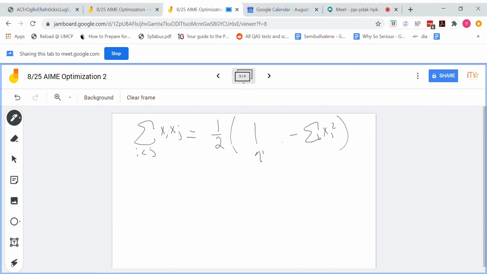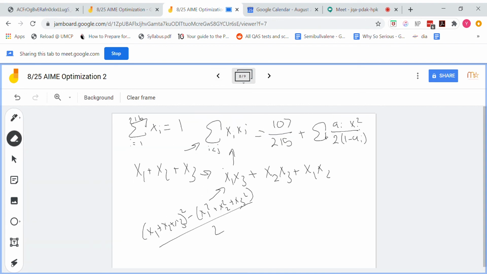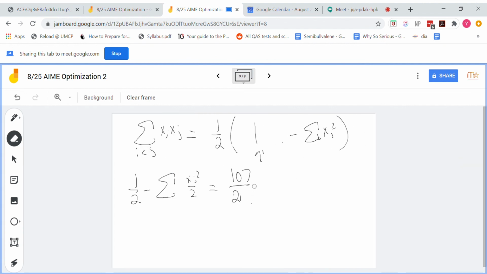And so if we now plug this into the weird condition they gave us, this gives us half minus the sum of xi squared over 2 equals 107 over 215, plus the sum of ai times xi squared over 2 times 1 minus ai.